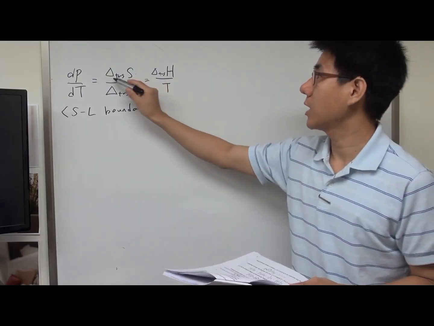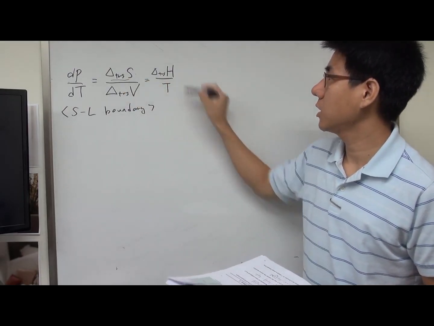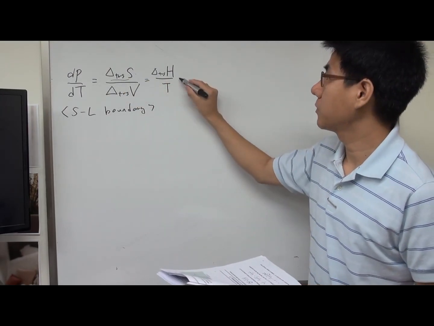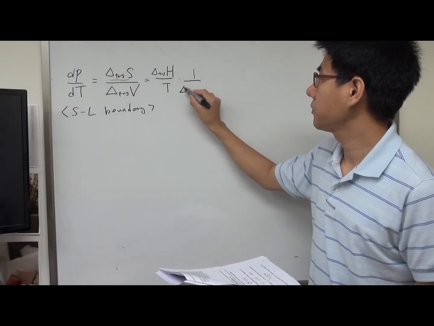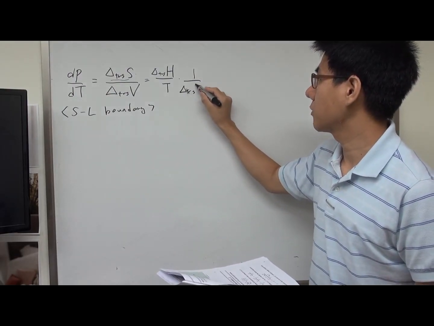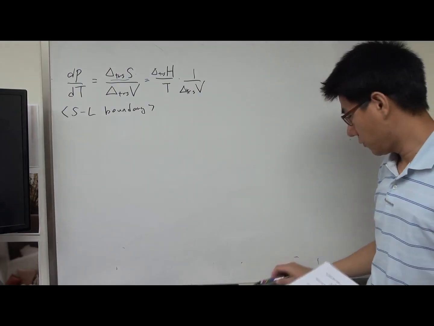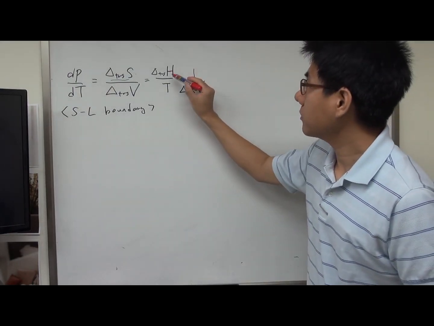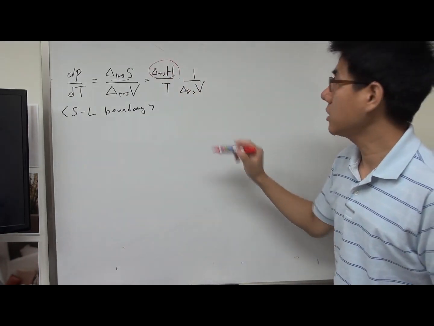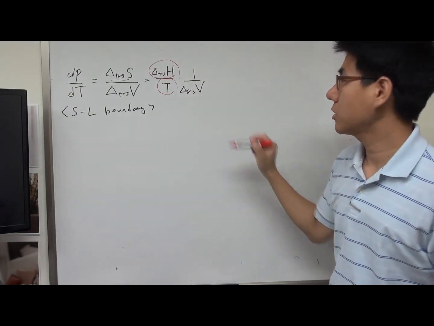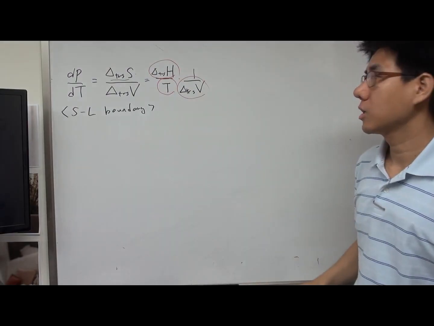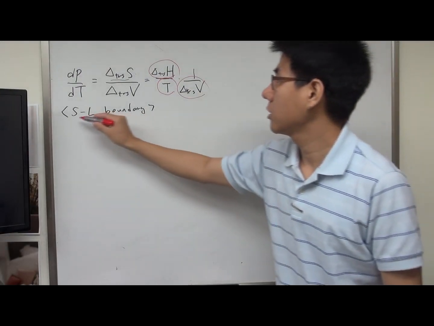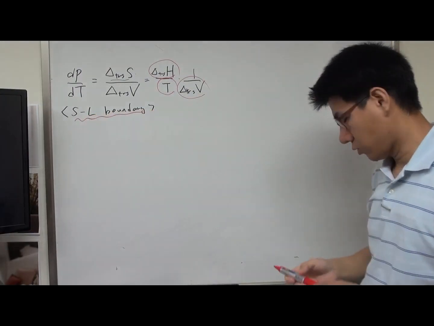So delta S is same as delta H over T. Okay, so we get delta transition H over T delta transition V. So if you have information about entropy change, melting temperature, volume change, then you can determine the boundary between two different phases.